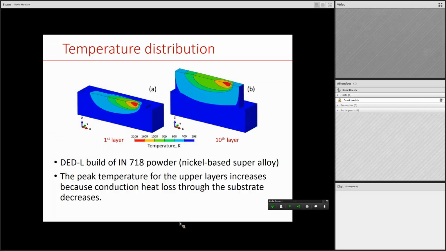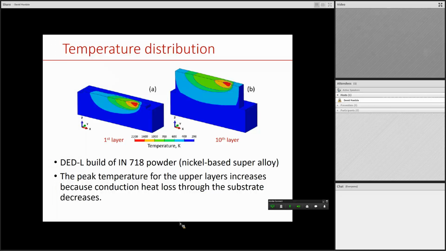That makes sense to me. The peak temperature will increase when the part builds up. But I didn't get that from these plots. I don't see what the peak temperature is. But I feel the statement makes sense.